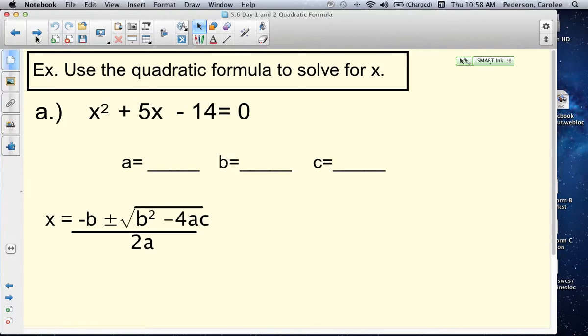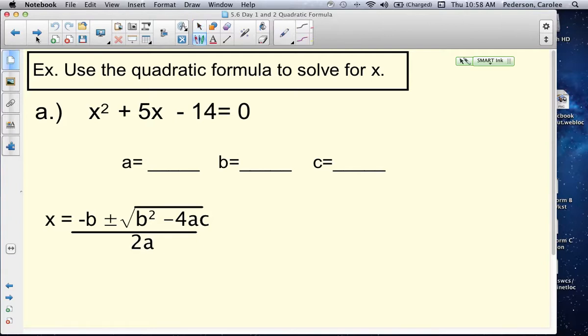All right, here's our first example. Use the quadratic formula to solve this quadratic equation for x. So we have a quadratic equation, x squared plus 5x minus 14 equals 0. We first want to look to see that that quadratic equation is in standard form, which it is. So we can go ahead and identify the coefficients for a, b, and c.